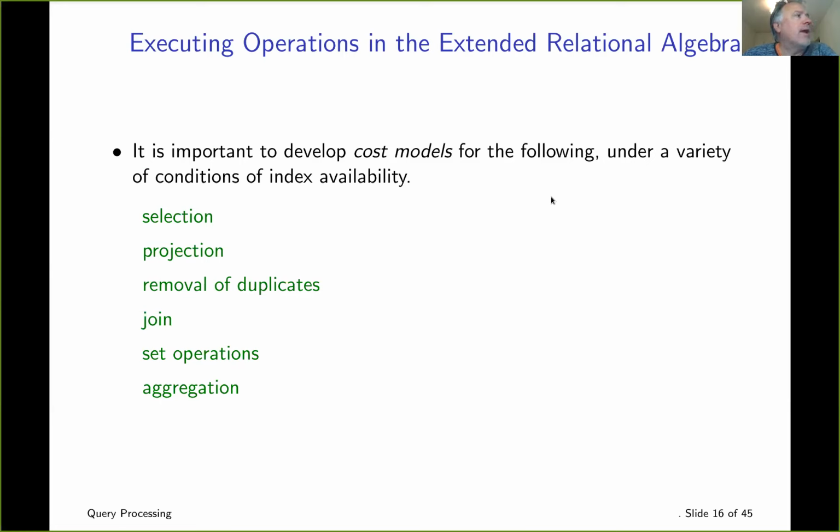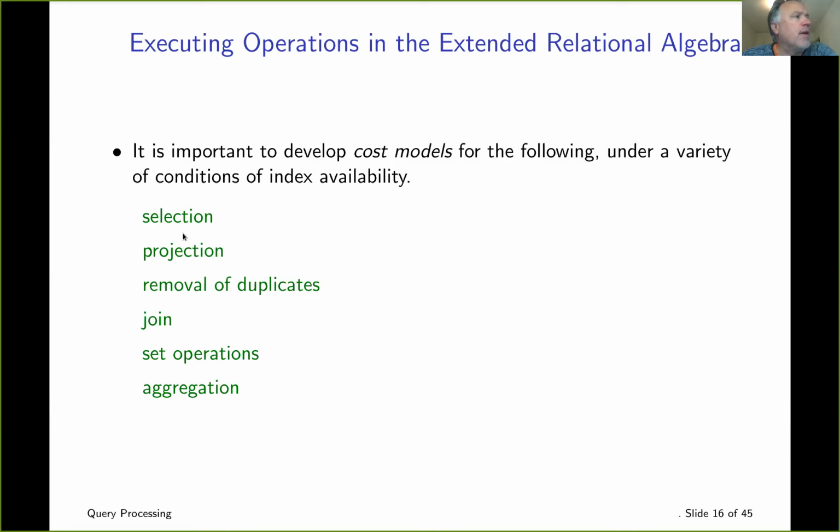Okay. So it's important to develop cost models. A cost model is something that lets you predict how expensive something is going to be. As you're doing the optimization, you're going to deliberate over a potentially large number of plans, and you want to estimate or model how much they're going to cost.